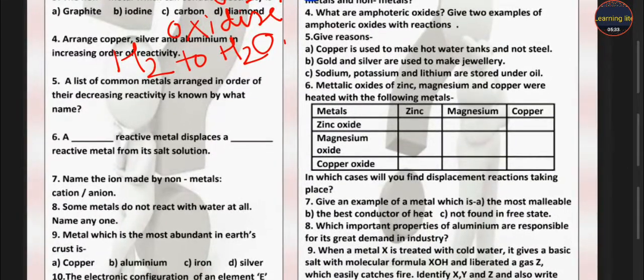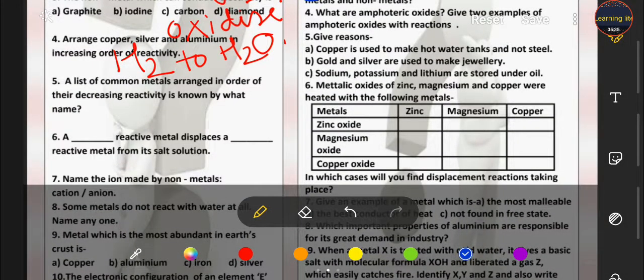Fourth question student, what are the amphoteric oxides? Give two examples of amphoteric oxide with reaction. What are the amphoteric oxides? We discussed in the last worksheet, those oxides which react both with the acid and base. For example, what are the examples of amphoteric oxide students?